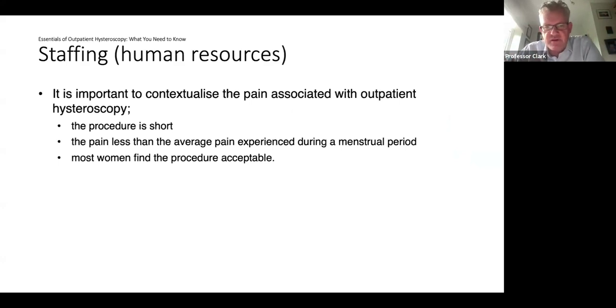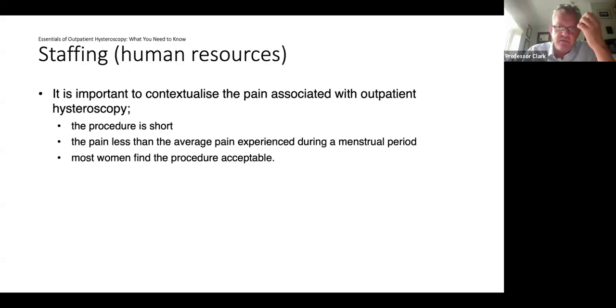Again, I think I've touched on this, but it's not to minimize the pain, but pain is not in and of itself a reason not to conduct a procedure. Most women, as I say, do not have significant pain, the mean pain being less than that of a period. But many women put a value on being in control, on understanding what's going on, on avoiding admission and general anaesthetic, and on the convenience of getting back to their job or their caring responsibilities.